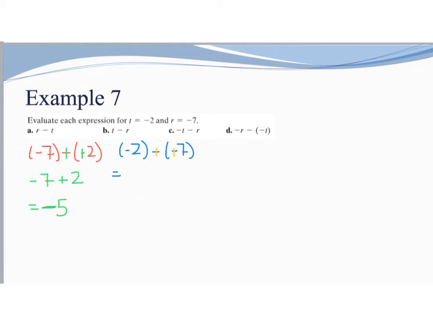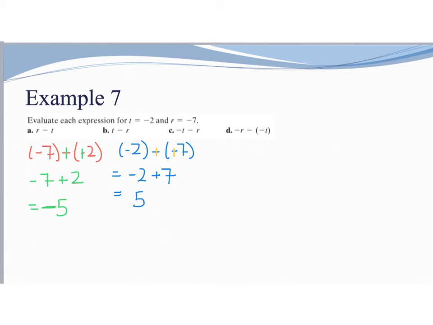So if I rewrite this, I have negative 2 plus 7. And again, when I look at my signs, they're different. I have a positive and a negative, so I'm going to just subtract the 2 and the 7, which will give me 5. But because the 7 is the bigger of the two numbers, and that's positive, I know that my answer will be 5.